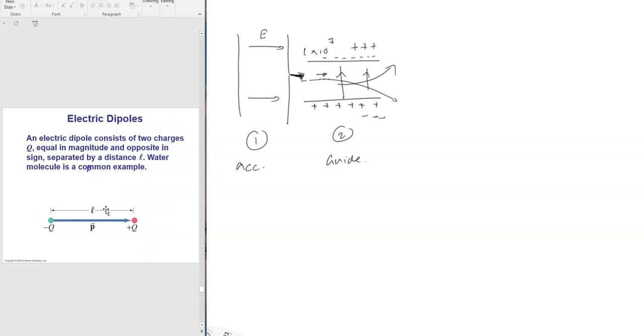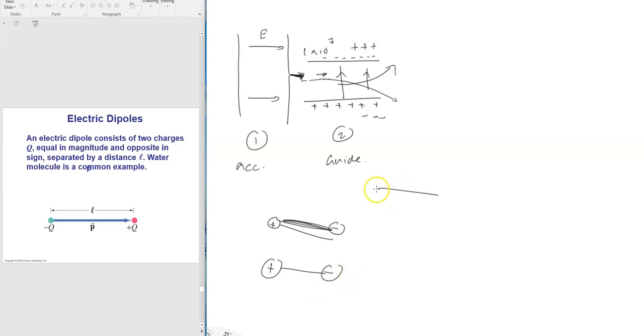And finally, I want to talk about another thing, the electric dipole. When you have two opposite charges at a fixed distance, a positive charge and a negative charge at a fixed distance in a molecule, not a good diagram, plus and minus, we call it an electric dipole. And dipoles have interesting properties.